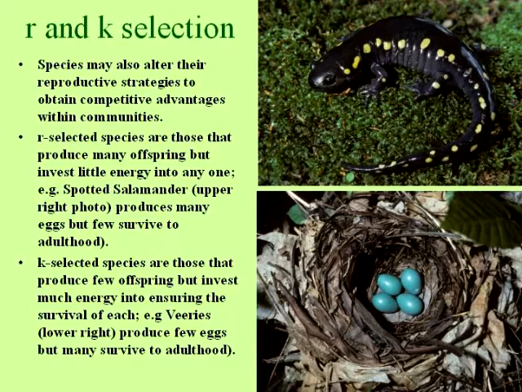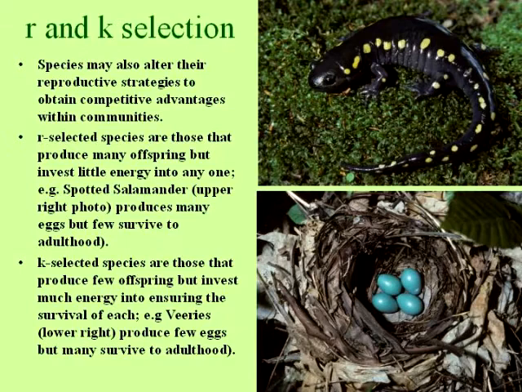And this kind of phenomenon is referred to among evolutionary ecologists as being a K-selected species, a species that invests a lot of energy in few young to maximize their probability of survival to reproductive age. At the other end of the spectrum are species referred to as R-selected species.